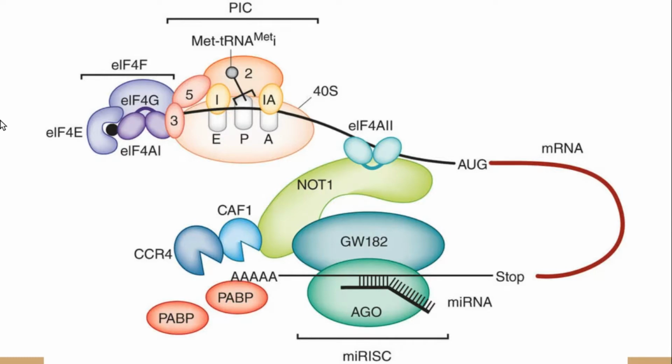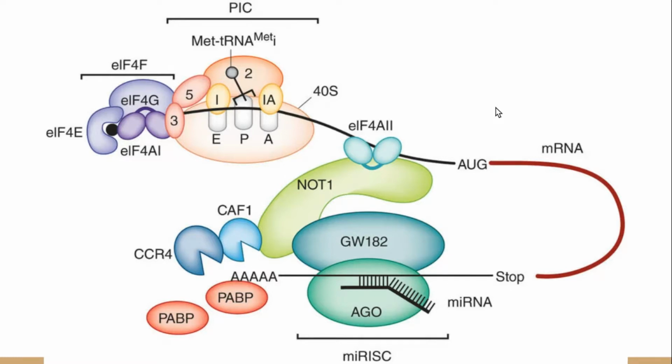It'll start looking for the region to begin translation, which, as you can see in this graphic, is right over here. And the complex is able to recognize this start site because of the complementary base pairing between the mRNA and the methionine tRNA. Base pairing between these two RNAs causes a conformational shift that activates GTP hydrolysis by eIF2.